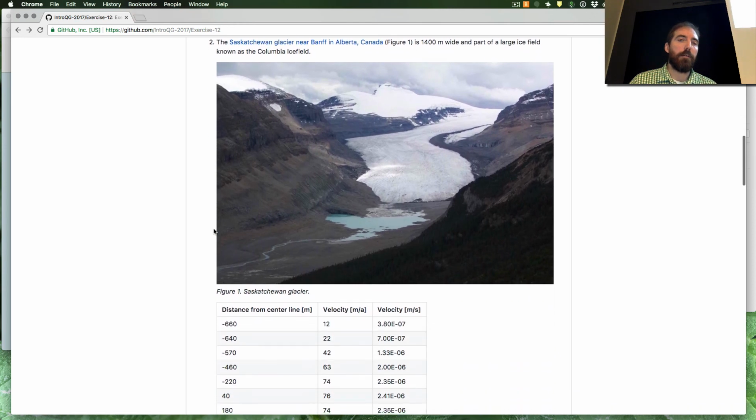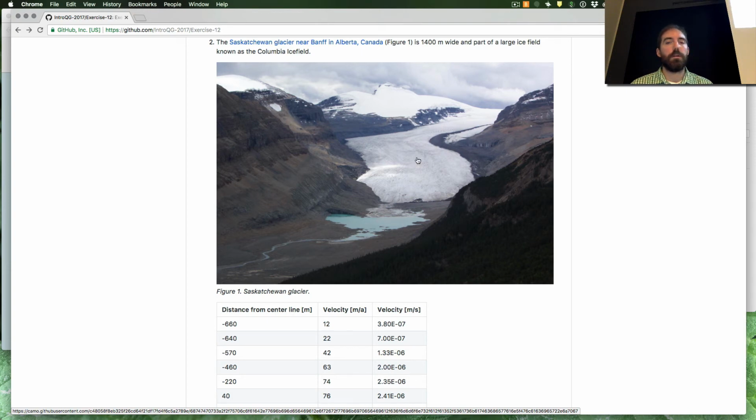The second part of the first problem is looking at an example of a glacier in Alberta, Canada, called the Saskatchewan Glacier, and here we have some observations of the velocity of the flow of the glacier as you go from one side of the glacier to the other.